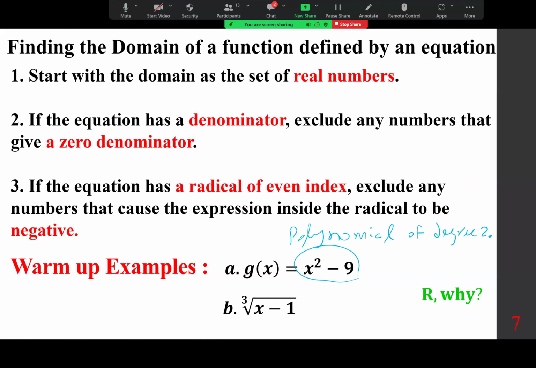So what is a polynomial in general? Let me write it here. A polynomial p of x is a sub n x to the power of n plus a sub n minus 1 x to the power of n minus 1, all the way to a sub 0, where a sub 0 all the way to a sub n are real numbers.